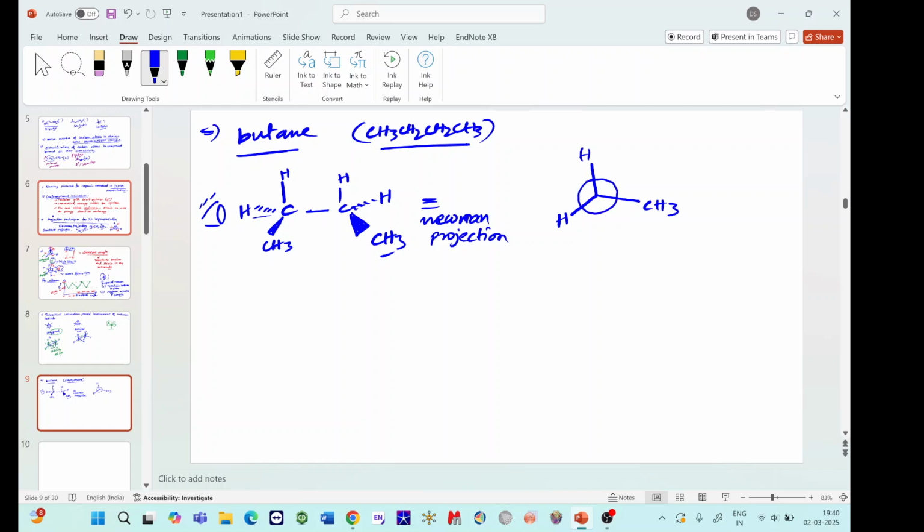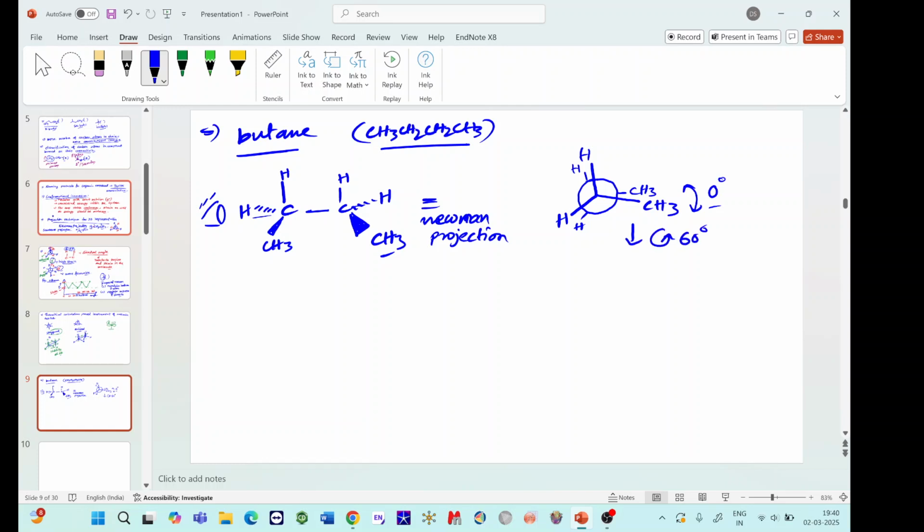You draw the atom here. Now these are eclipsed, so it will come in the same place, right? Now you rotate it. This is the eclipsed form, so this angle is 0 degree. Now you rotate it 60 degrees.